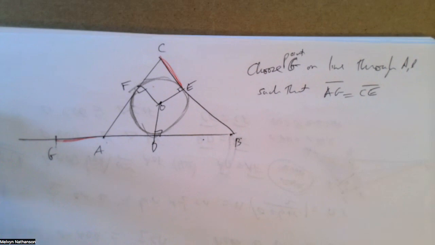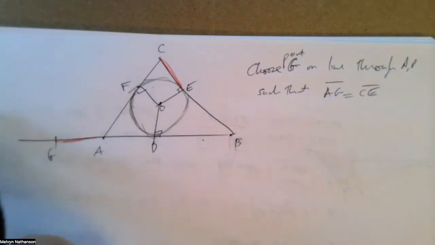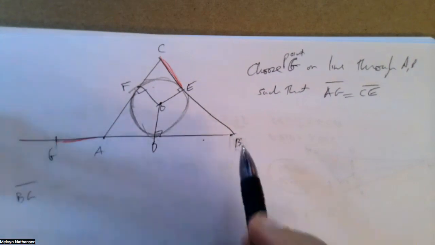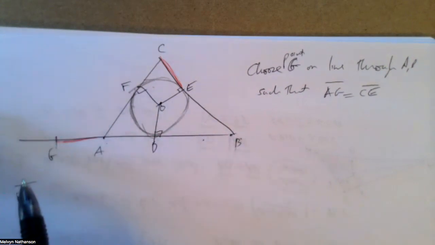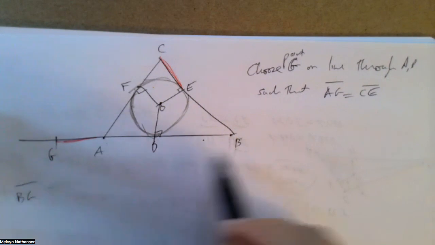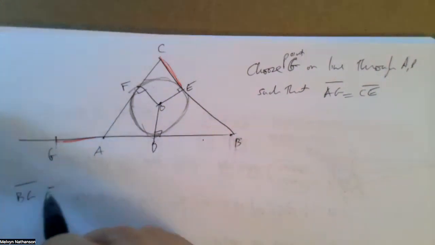So this is the first really strange thing that we're doing. Why in the world do that? Well, sometimes people have good ideas. So the distance from B to G is the sum of these three distances.